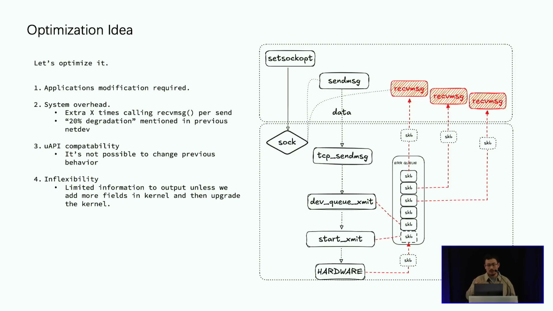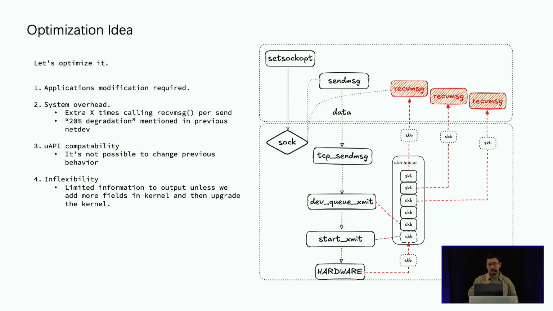So we have to resort to another way to use this feature, by writing a kernel module, for example, and that's what we've done in recent months. And the second one is that it introduced system overhead. As we can see in this figure, the red boxes. If you use this feature, we have to ask our clients to modify their code to add extra receive messages.